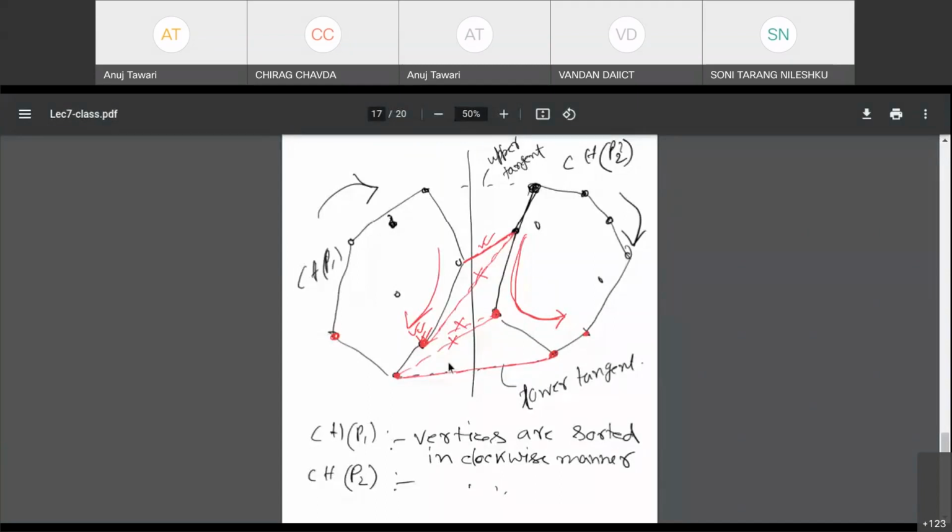So here we want this lower tangent and upper tangent. These are just the lines connecting them. And the main question is, how do you construct these two line segments? Some algorithm for constructing these tangents.